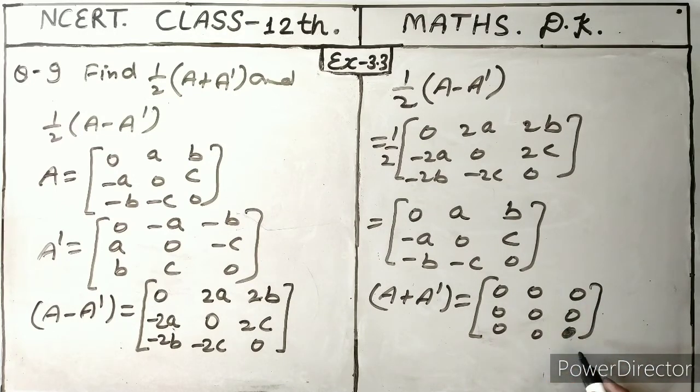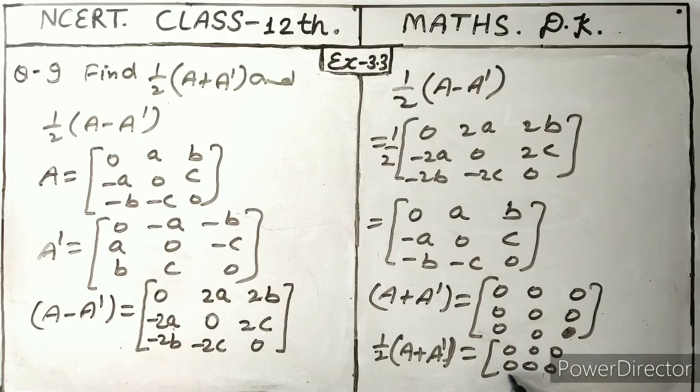This is A plus A transpose, and 1/2 of A plus A transpose is 0 0 0 0 0 0 0 0 0. This is a 0 matrix, and this is 1/2 A plus A transpose.